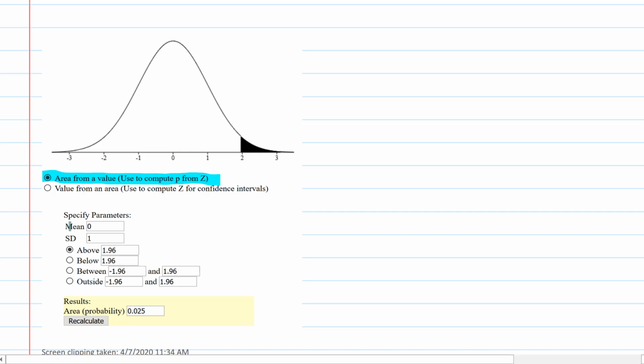And the input parameters that you have to put in, you have to put the mean in and the standard deviation. So let's make a couple of notes here. The first is that this is the default, that you're choosing an area from a value, and then you are going to input these values, the mean and the standard deviation.